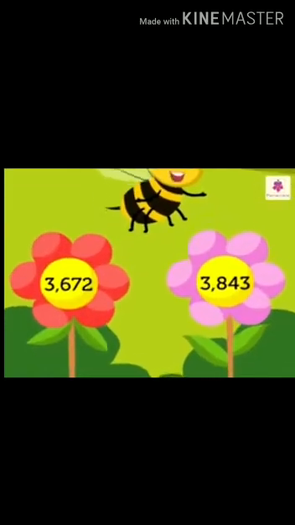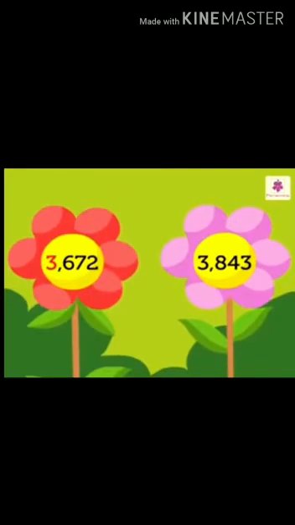That is 3 and 3. Both are same. Now we begin to compare the digits in the hundreds place. The numbers are 6 and 8. So 6 is smaller than 8.